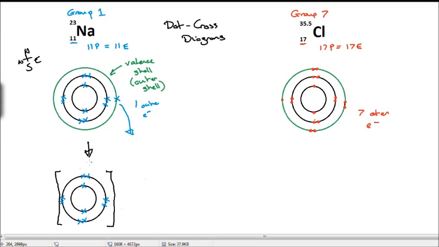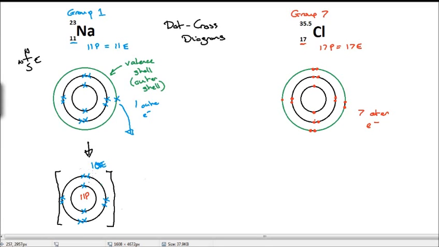It's also changed its charge, because in its nucleus it still has 11 protons. However, if you have a look, we've got 1, 2, 3, 4, 5, 6, 7... we've actually got 10 electrons now. That should be 10 electrons.